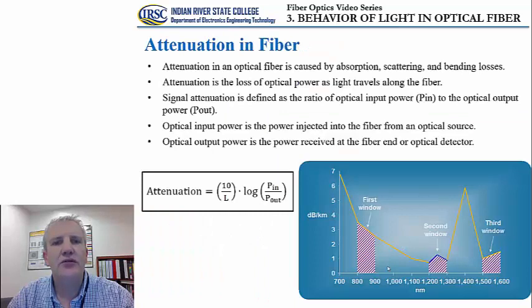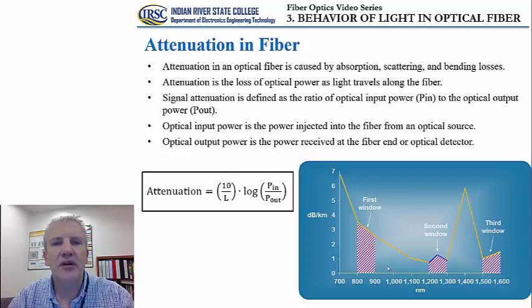How do we define attenuation in a fiber? Attenuation is a loss of optical power as the light travels along the fiber. Mathematically, attenuation is defined as the ratio of the optical input power to the optical output power. So if you have an optical fiber, we would be measuring the power of the signal at its input and the power of the signal at its output.